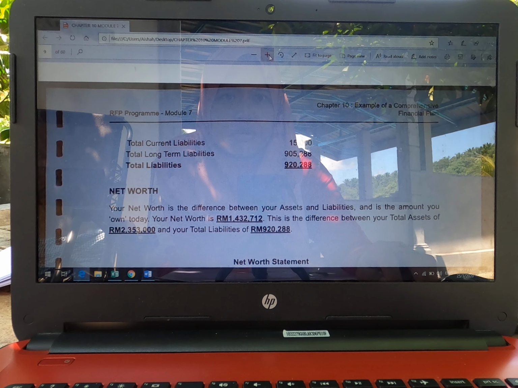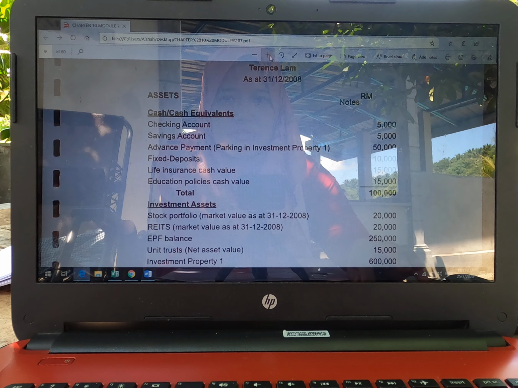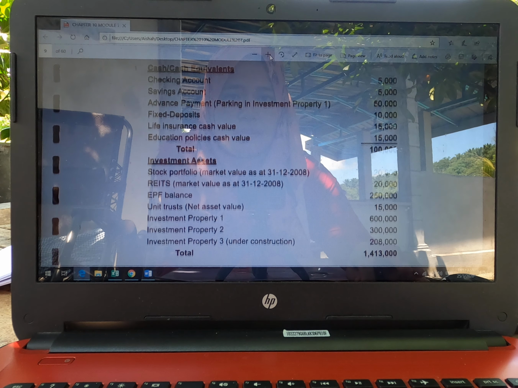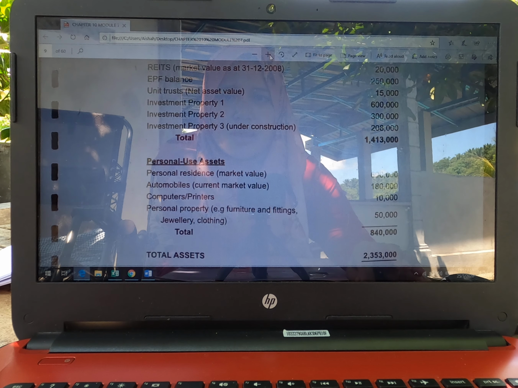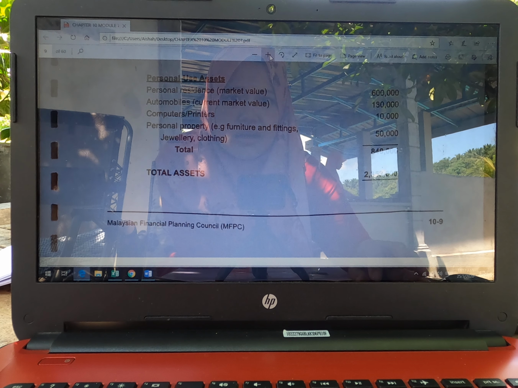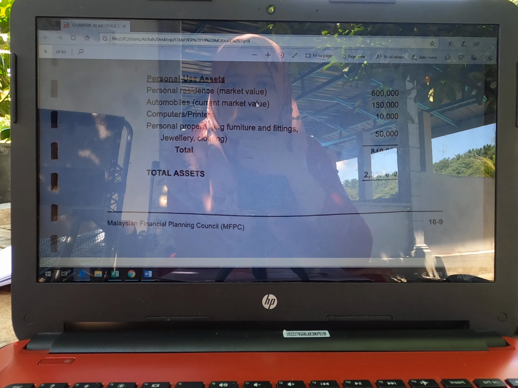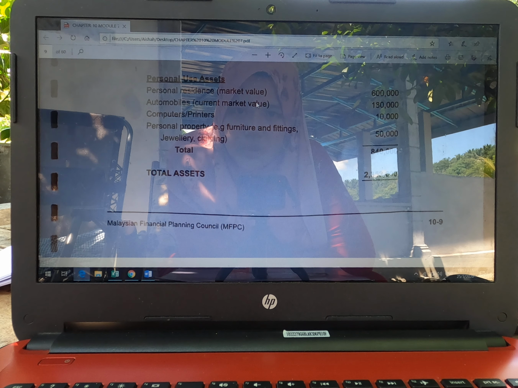Next, you have to prepare the net worth statement. The format is similar to the one in the fact-finding sheet, and you have to transform it into a better format because you are going to include it in your report. You have to make sure that the personal use assets in the fact-finding sheet are based on market value.